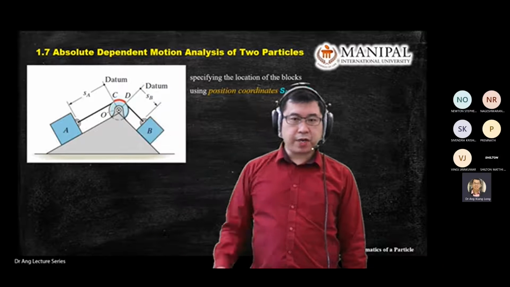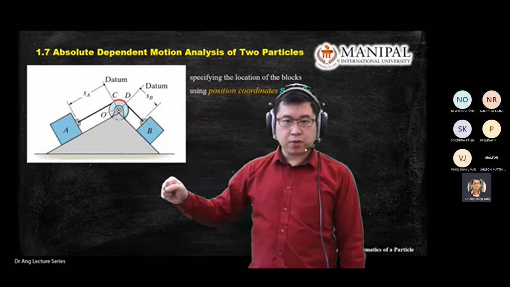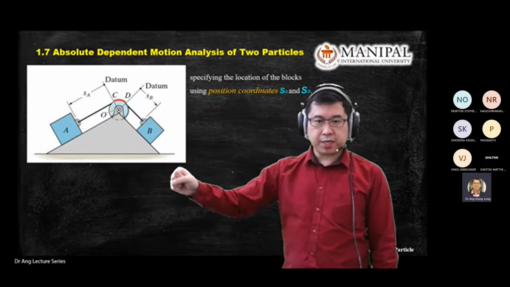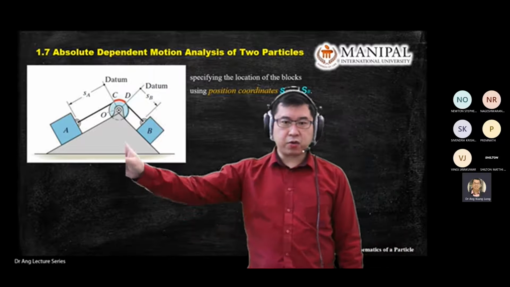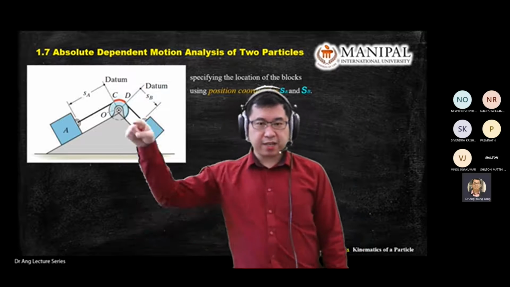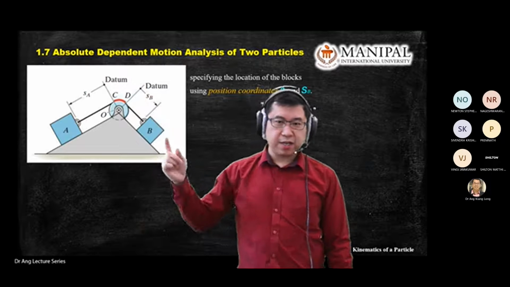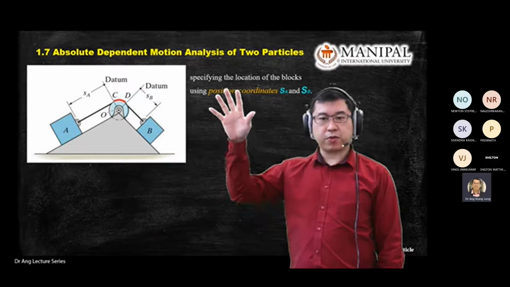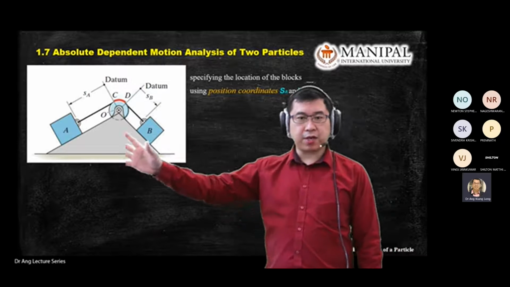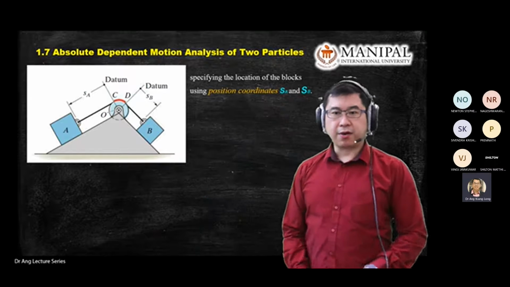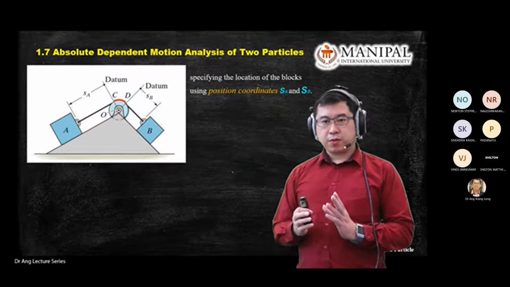try to imagine what happens if you pull one of the objects. If you pull B, A is going to move up. If you pull A, B is going to move up. So this section is going to study the relative motion of two bodies.